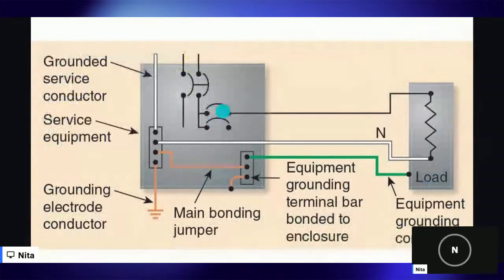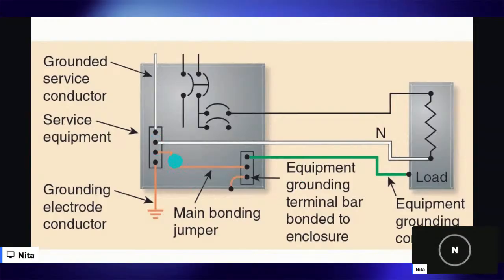Let's look at it like this. We've got our power coming into the panel via our 2 hots. They're not shown here, but we know we have 2 hots and a neutral that come in. The neutral connects to the neutral bar inside of the panel. This is our main return path for our electricity.